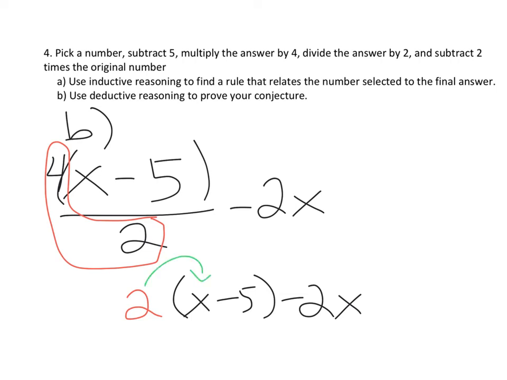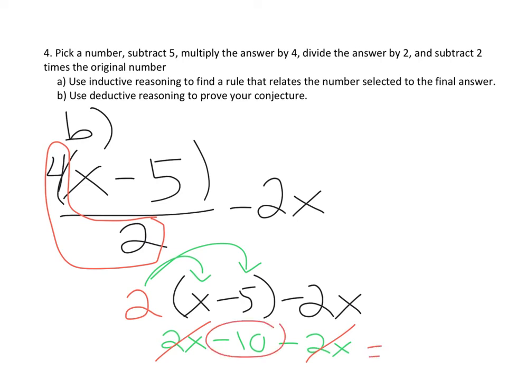So I end up with 2x, that's 2 times x, minus 10, that's 2 times negative 5, minus 2x. But then notice this 2x cancels with this 2x, and all I'm left with is negative 10. So what I showed is that no matter what x was, if I took my x, subtracted 5, multiplied by 4, divided by 2, and then subtracted 2x, the thing that I'm left with simplifies down to negative 10.